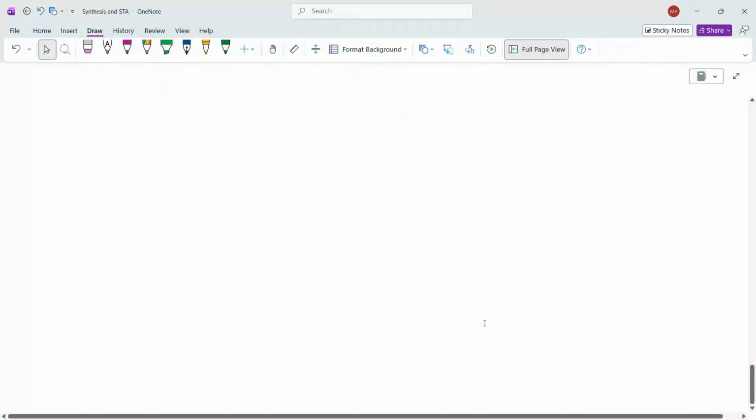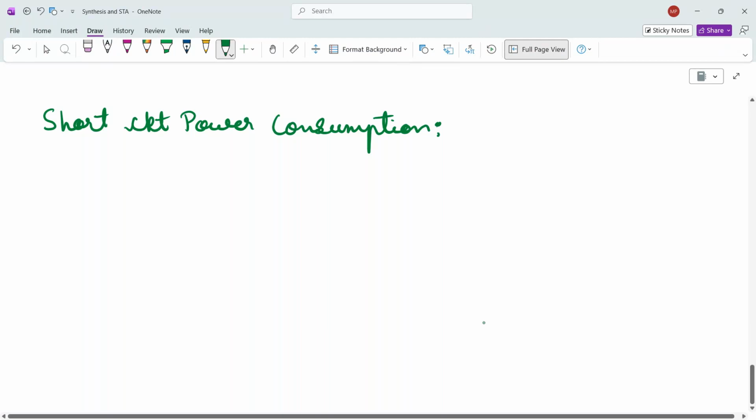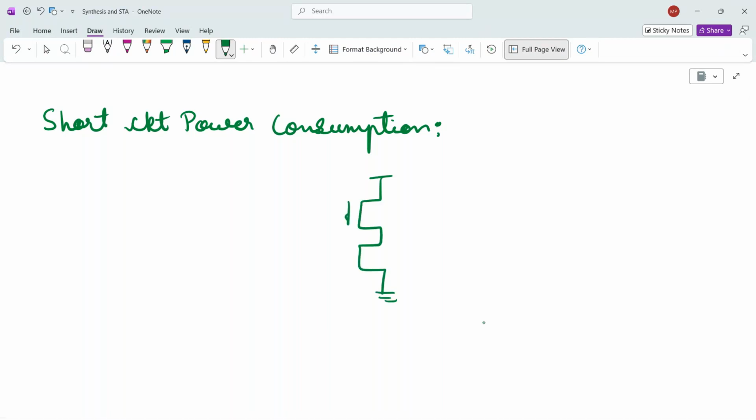Right, now next we work towards short circuit power consumption. We have already discussed this.